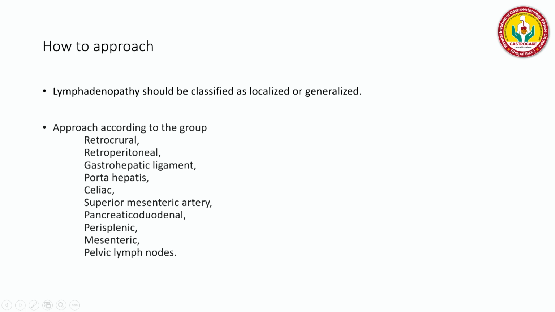The first and foremost thing about approaching them is to understand which group of these lymph nodes they are. So these are the groups of lymph nodes which you can see in the abdomen, starting from retrocrural, retroperitoneal, gastrohepatic, portahepatic, celiac, along the superior mesenteric artery, pancreatoduodenal, perisplenic, mesenteric, and lastly pelvic lymph nodes.